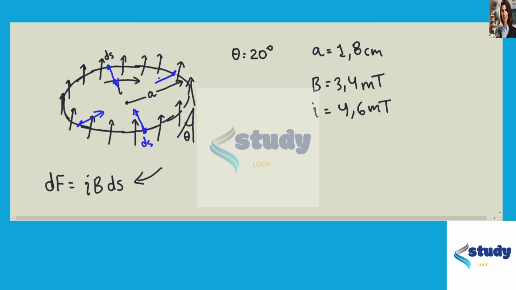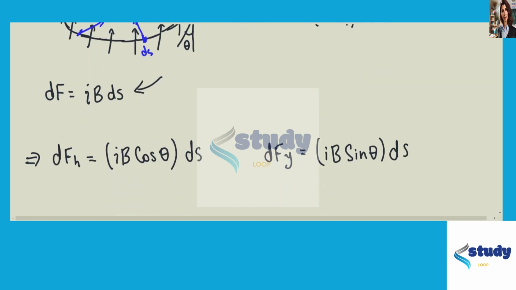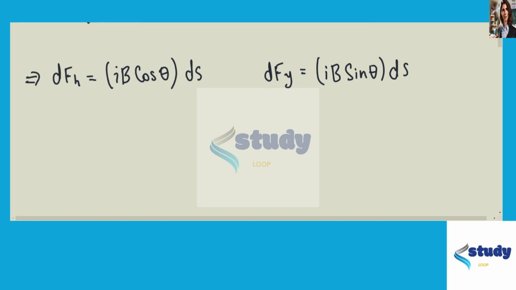So those forces cancel, so we can see that the net force experienced by this wire ring will have no contributions from the horizontal force. However, the vertical component of the force does contribute to that net force.